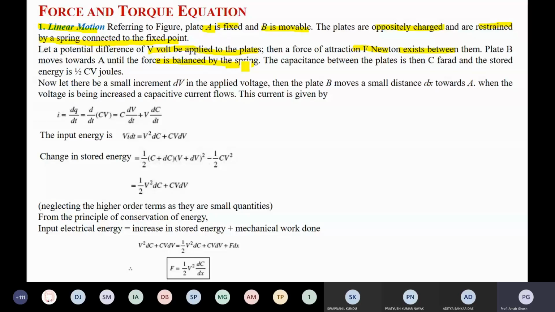Then the attraction force between plate A and plate B will change. Now you can see the stored energy is half CV square.